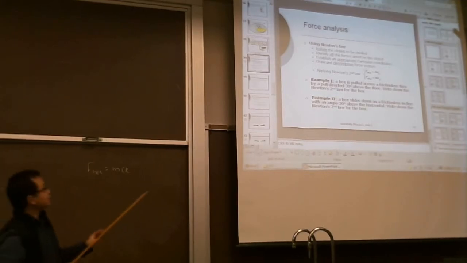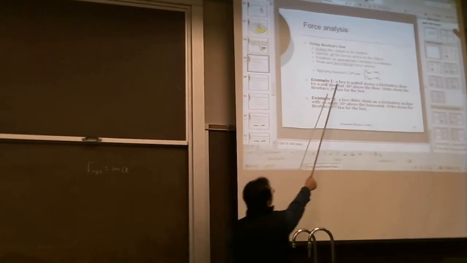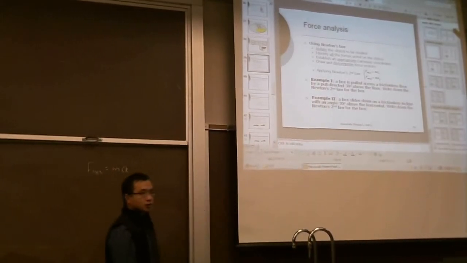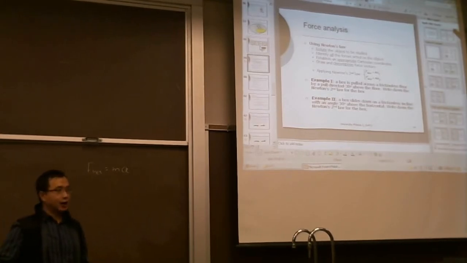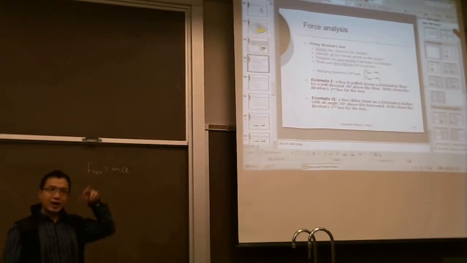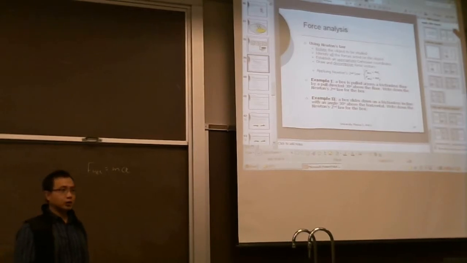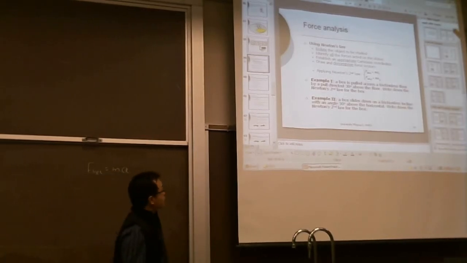So that's the second step: identify all the forces acting on the object. Remember, we had some examples before where we analyzed action and reaction. Sometimes, if you include the reaction incorrectly in the analysis, you'll introduce some trouble.